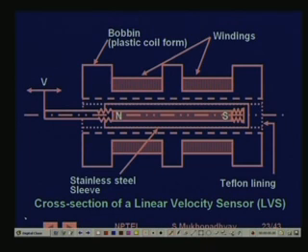As this moves, this is actually an inductive sensor. The inductances of these coils will change because of the motion of the core, and this is a push-pull configuration. So if you have push-pull configurations, then you can construct a linear sensor. That's why this is a linear velocity sensor.